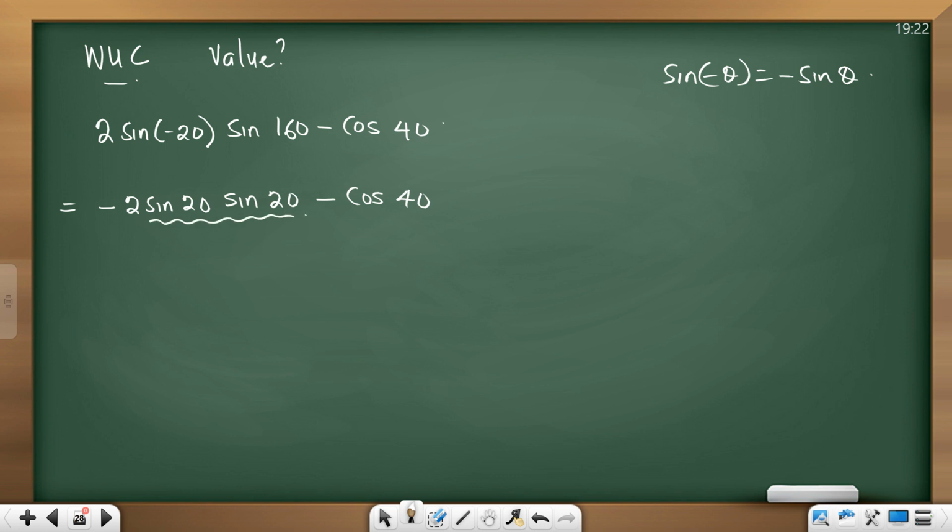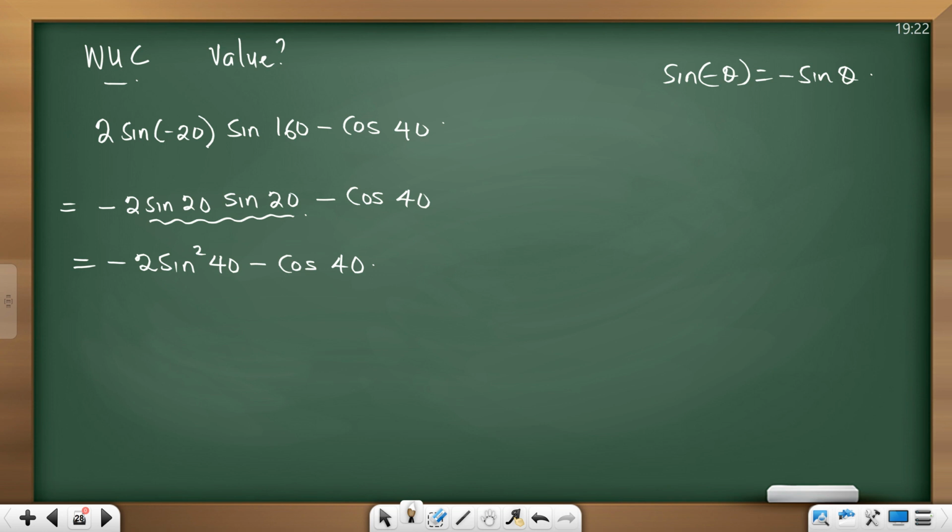What do you notice here? It's sine squared. Negative 2 sine squared 20 minus cos 40. Interesting. How do we go from here?